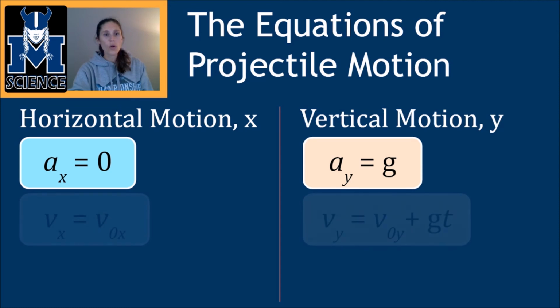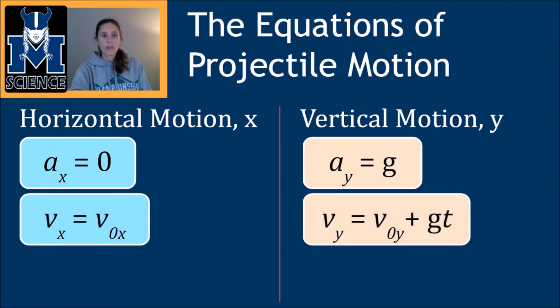Okay, so for horizontal motion, the initial velocity is going to stay the same throughout. So if you're looking for the horizontal velocity of that object at any point throughout its trajectory, that horizontal velocity is going to equal the initial horizontal velocity because there's no acceleration.